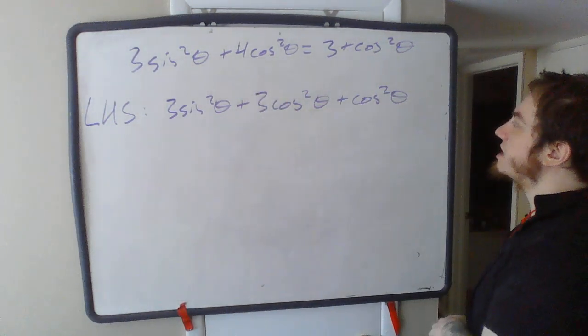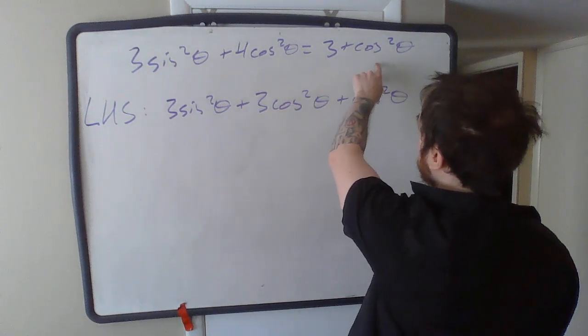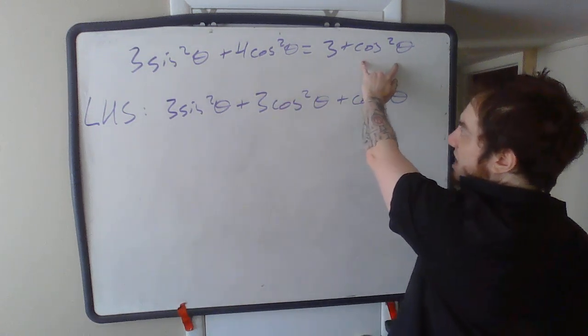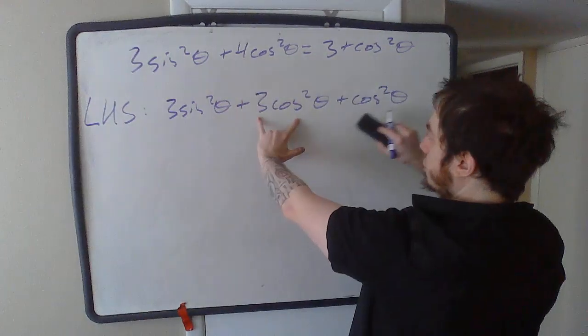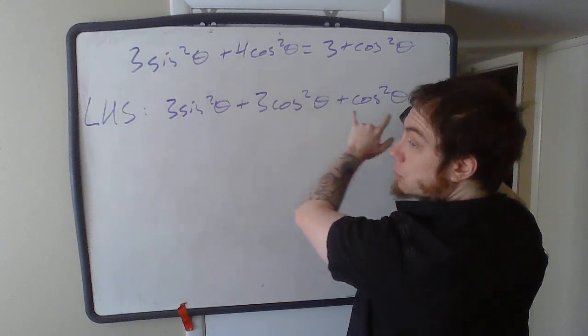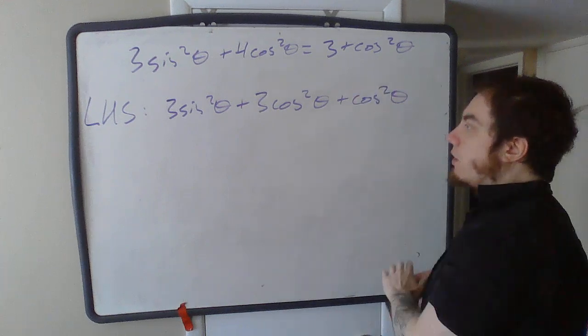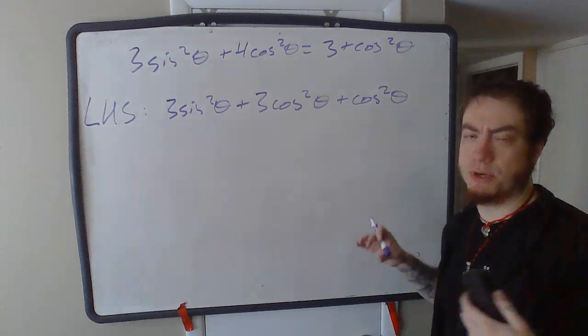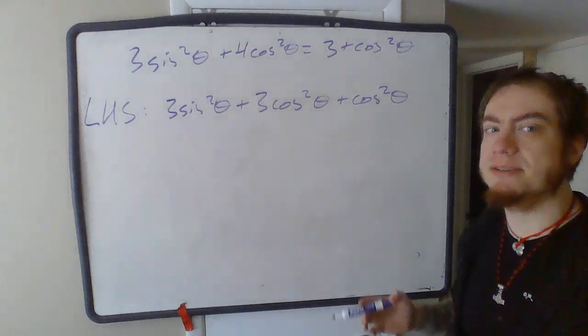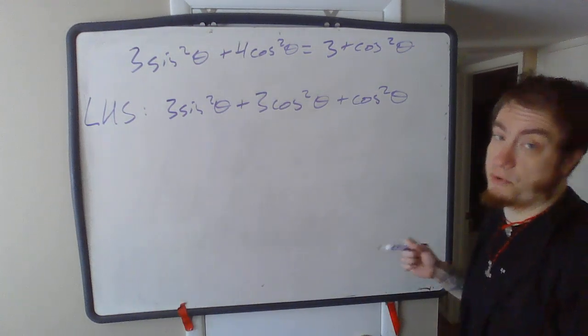The other reason is because I notice that on the right-hand side, I have a cosine squared by itself, and if I split this into 3 cosine squared plus cosine squared, well, now I also have a cosine squared by itself. Okay, so I'm trying to explain my thought process, but your thought process might be a little bit different, and that's fine.